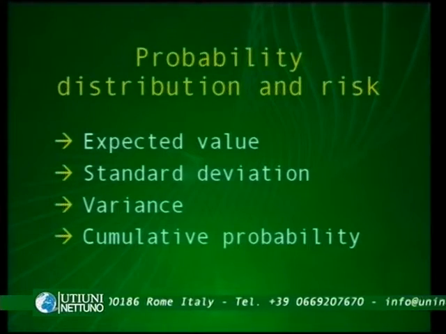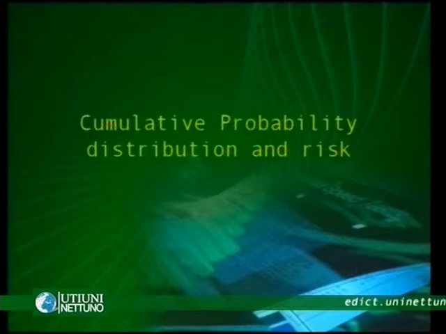And we'll see that this is an important parameter in the probability distribution that allows us to understand better the risk underlying the project, and therefore we'll discuss this specific aspect in more detail. So we'll see an example of how to use cumulative probability distribution for risk analysis.